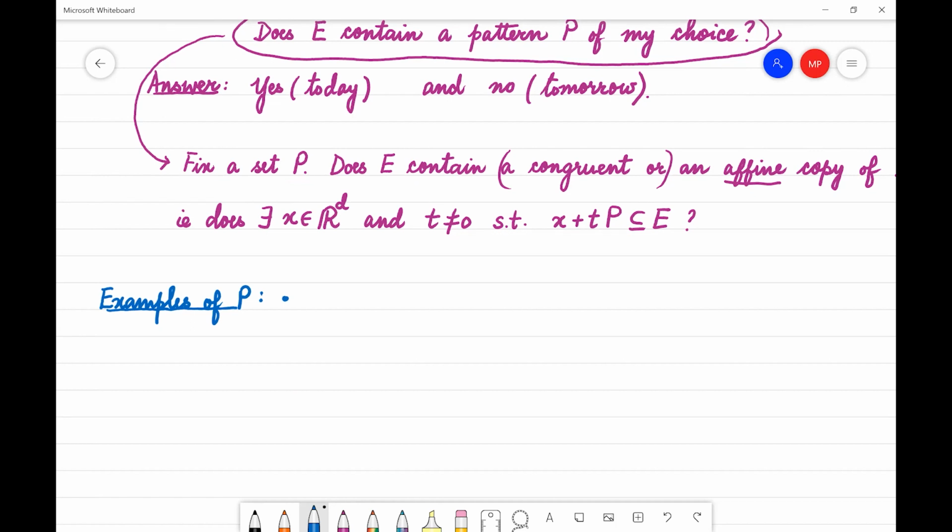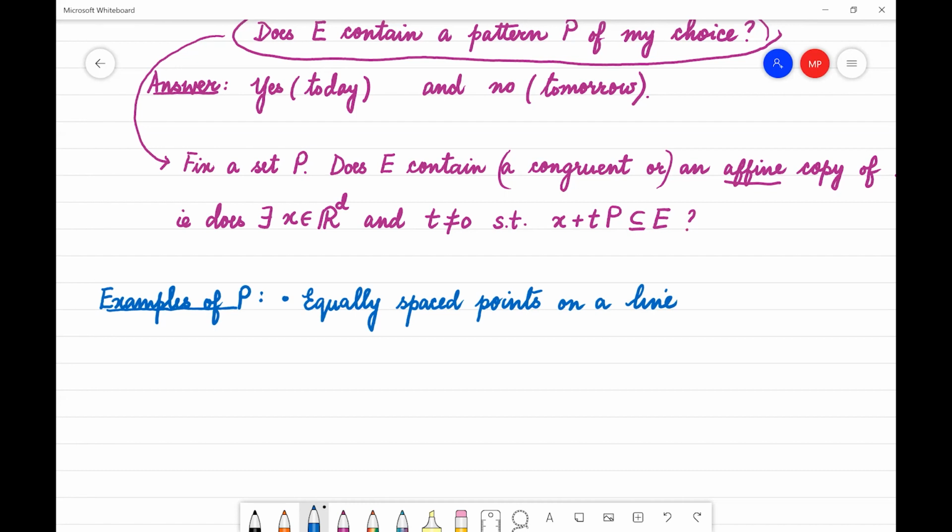For example, your P could be equally spaced points on a line. In other words, an arithmetic progression. On a line. So what does that mean?